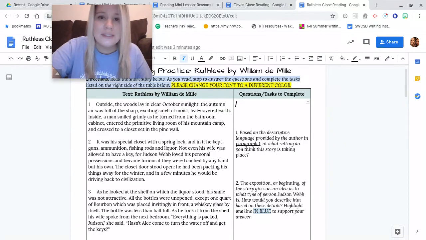Notice the question says, based on the descriptive language provided by the author in paragraph 1, at what setting do you think this story is taking place? Well, as you're reading, if you stop right at the end of paragraph 1, you have all of that information and all of those details in your head to best answer that question correctly.